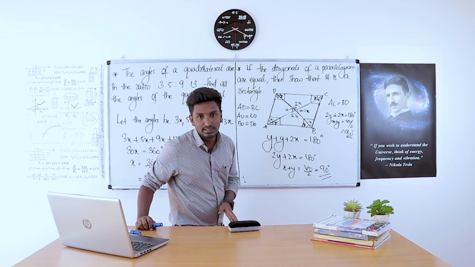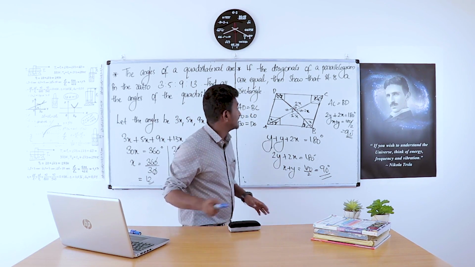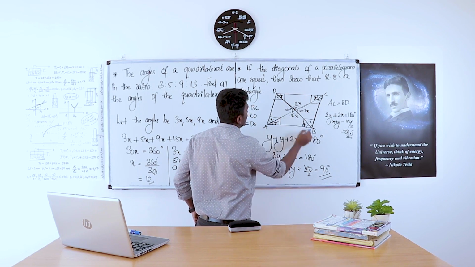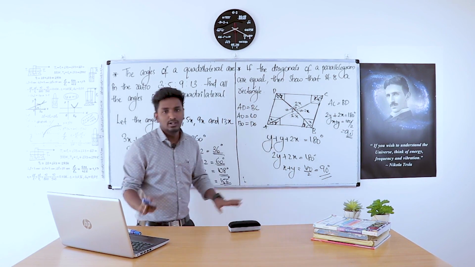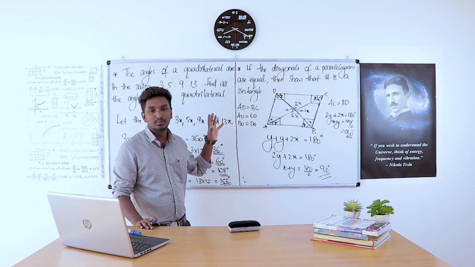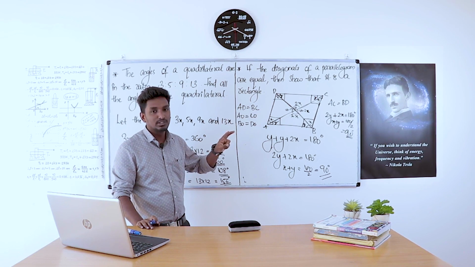I think this is the most suitable way. At first, we took triangles ABD and ABC. In that way also we can solve, but just forget that method and follow this method. The second method is more simple.